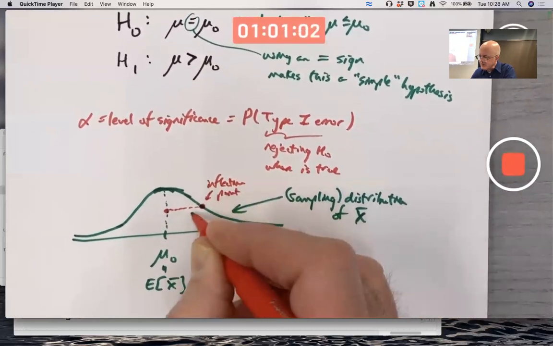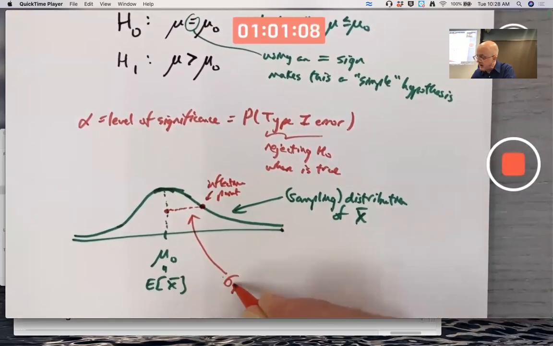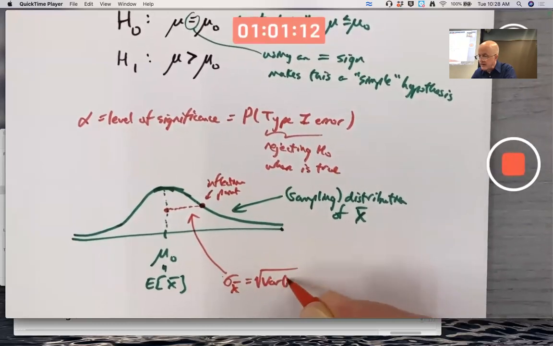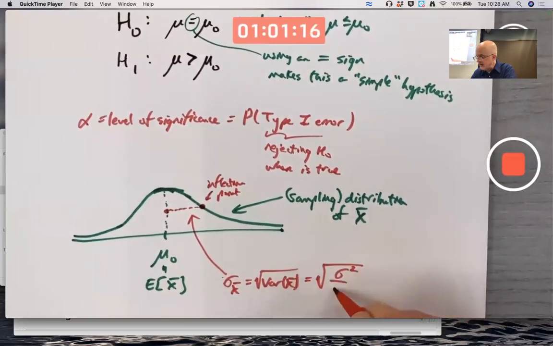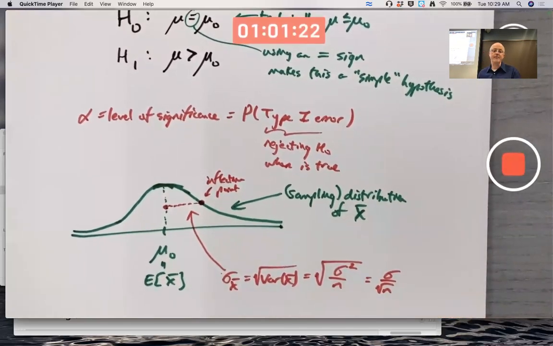And that distance will be the standard deviation of X bar, sigma sub X bar. And that'll be the square root of the variance of X bar, the square root of sigma squared over n, which simplifies to sigma over square root of n.